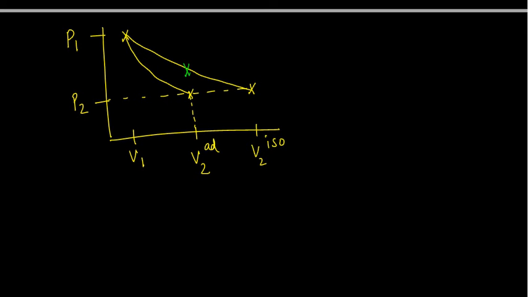The temperature was constant. So that's our isotherm. Let me draw it with green then. Maybe that's the adiabat.